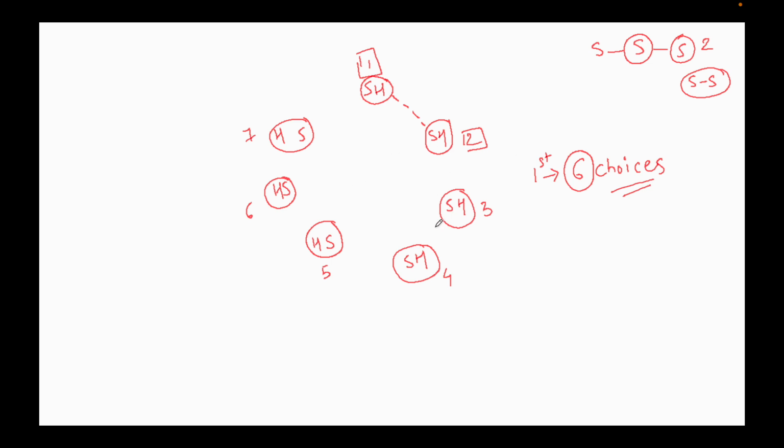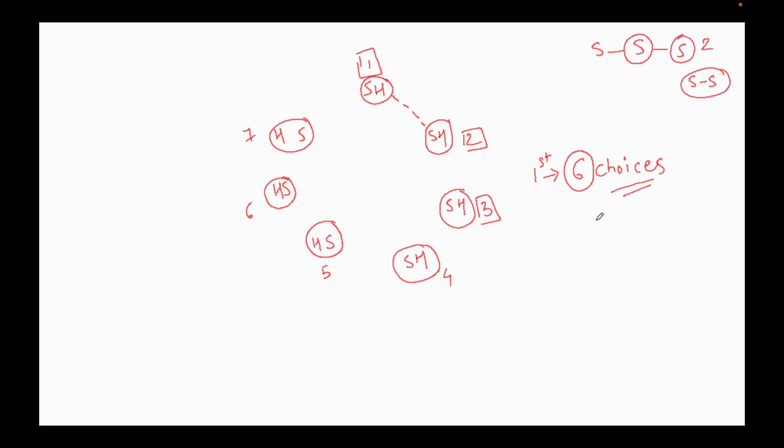Now we are left with 1, 2, 3, 4, 5 cysteine residues. So now we pick cysteine residue number 3. When we pick the third cysteine residue, it can form a bond with 1, 2, 3 or 4 of the remaining ones.